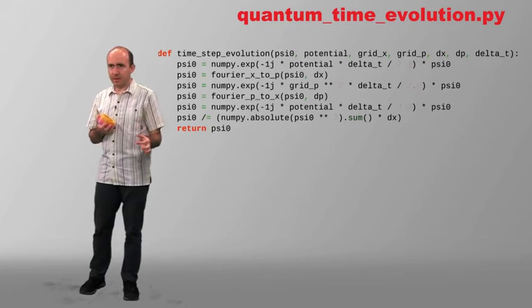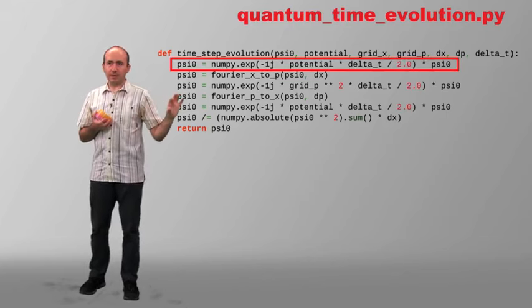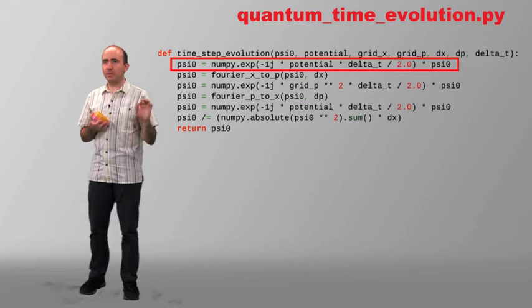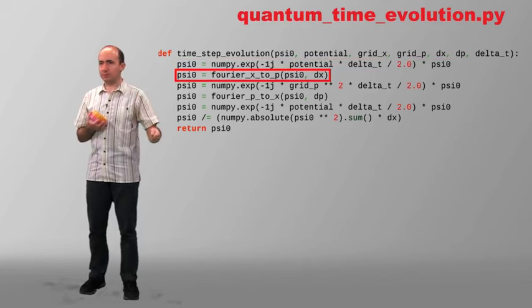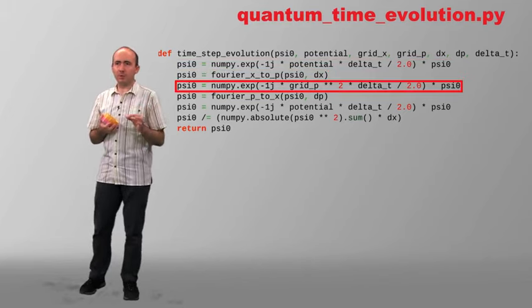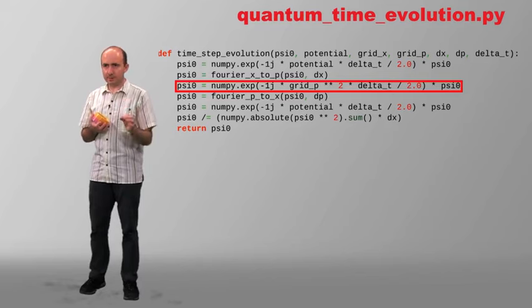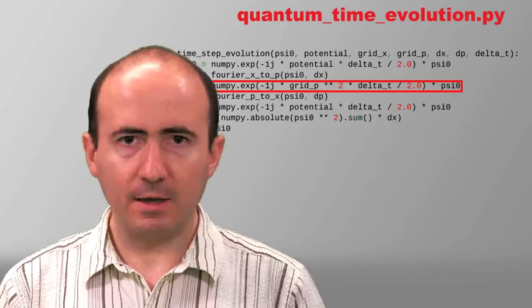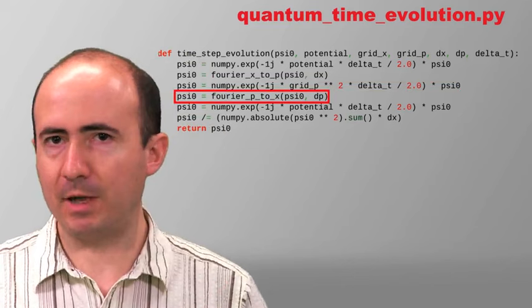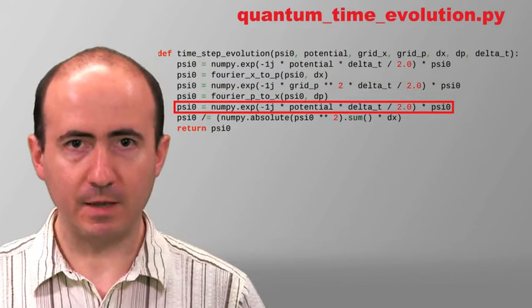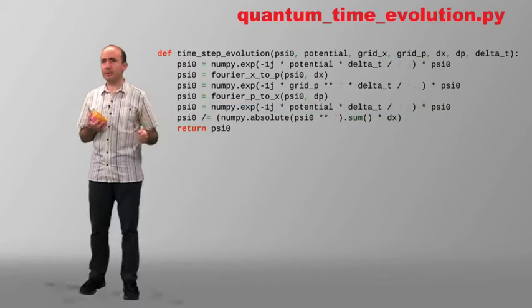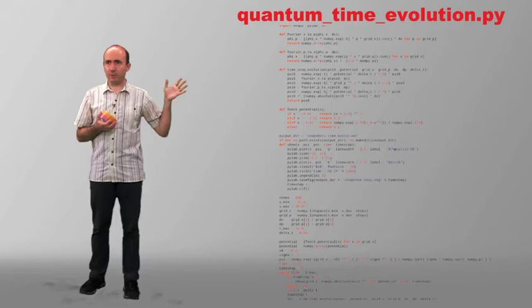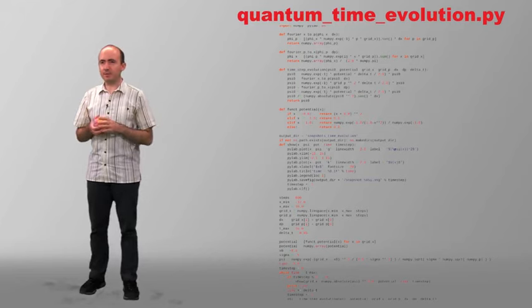At each time step, first, in real space, multiply by a factor e to the power minus i over 2 times delta t times V of x, make a Fourier transformation, multiply by e to the power minus i over 2 times p squared times delta t, and go back to the real space, multiply by the same factor as previously. These are the only steps. You just have to iterate, and this gives the following beautiful algorithm: quantum_time_evolution.py.